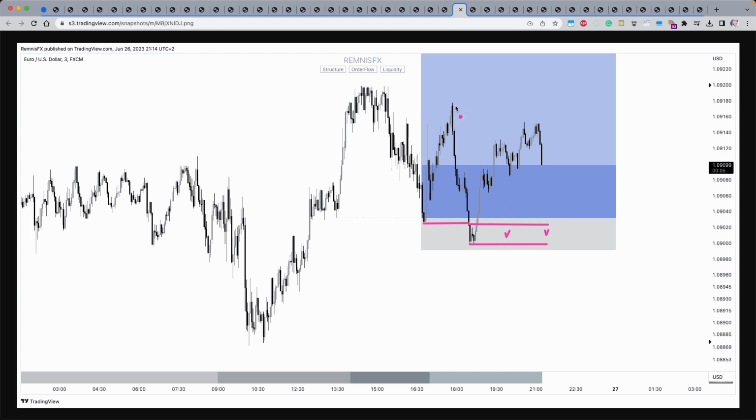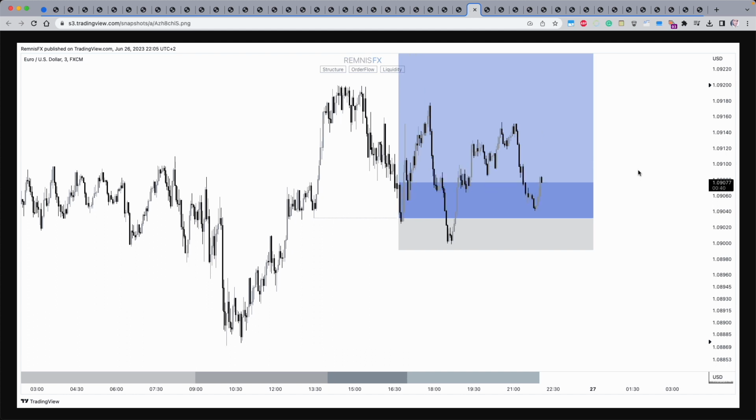So that's why this here I saw as a range, right? And now price had mitigated this year high, so it was time to come down to mitigate this year low before presumably continuing higher, right? At least that was what I think would happen.